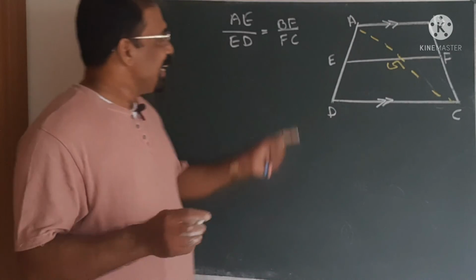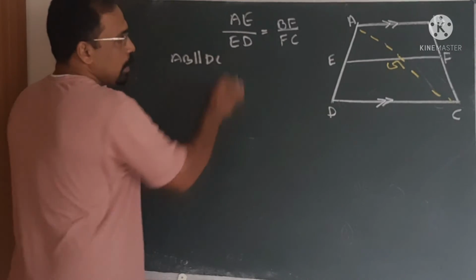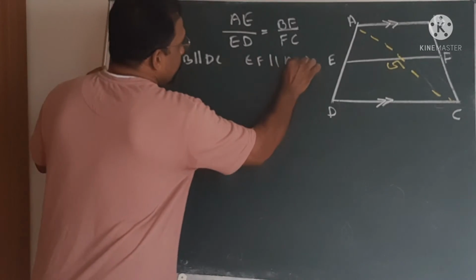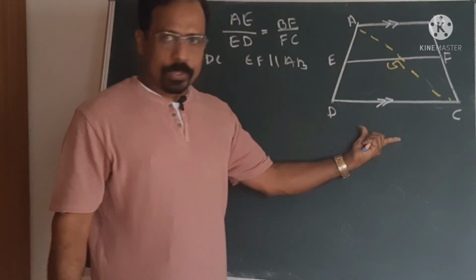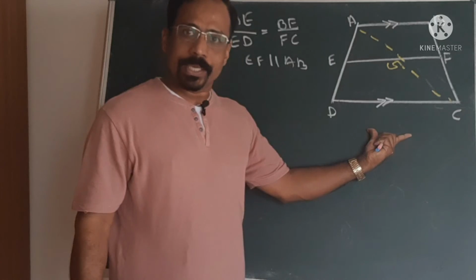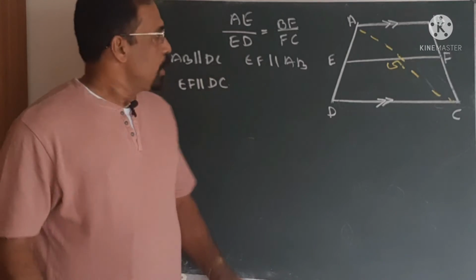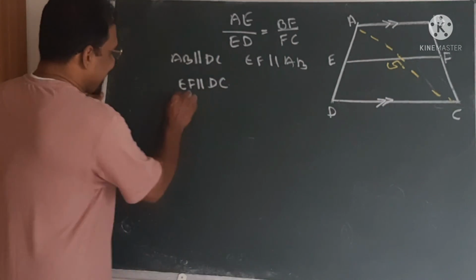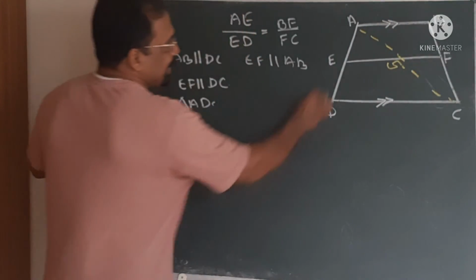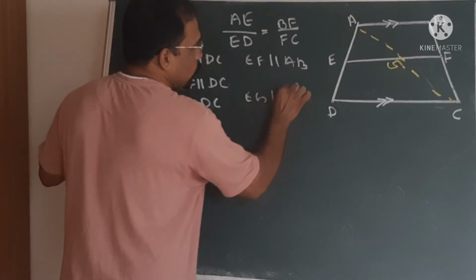Now what is given? AB is parallel to DC and EF is parallel to AB. If AB is parallel to DC and EF is parallel to AB, then EF will also be parallel to DC. Now in triangle ADC, according to our theorem, EG is parallel to DC.